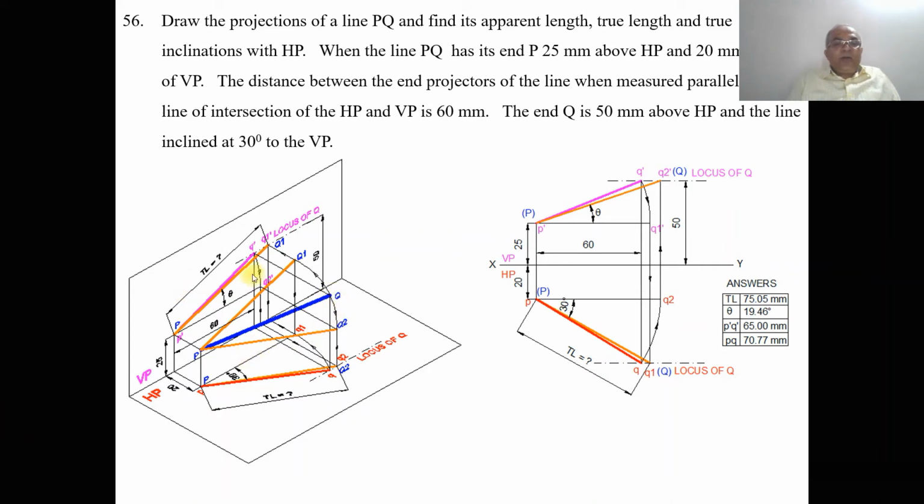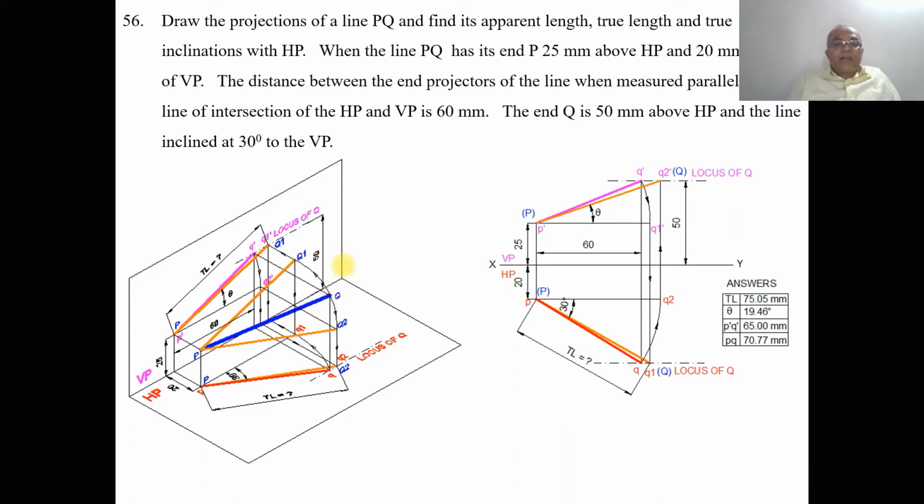Now when you are rotating in space, obviously that rotation can be seen in the horizontal plane. You can see that it is already rotated, and you make it this line. Now this is the point. So this line is going to be the PQ, which is the actual line in space.